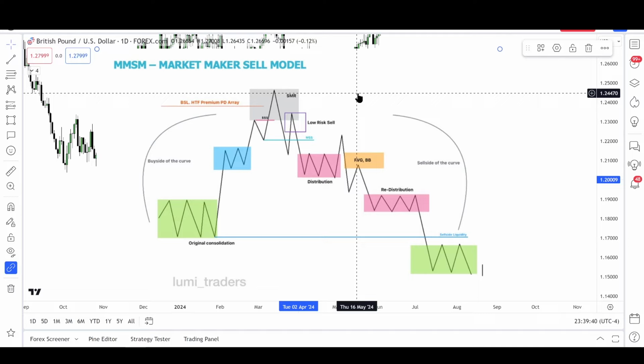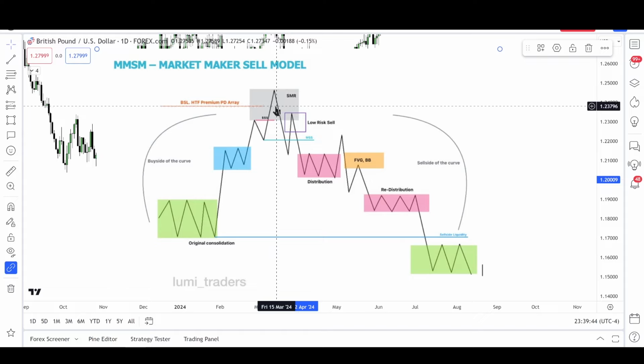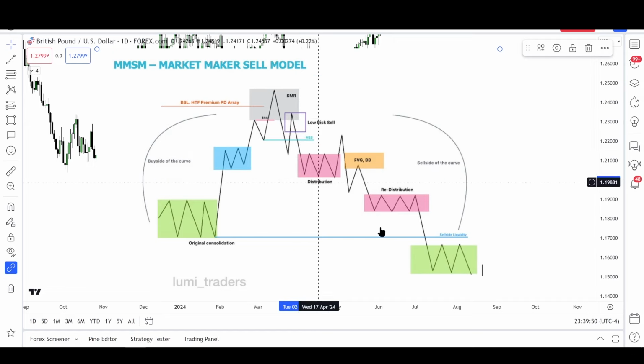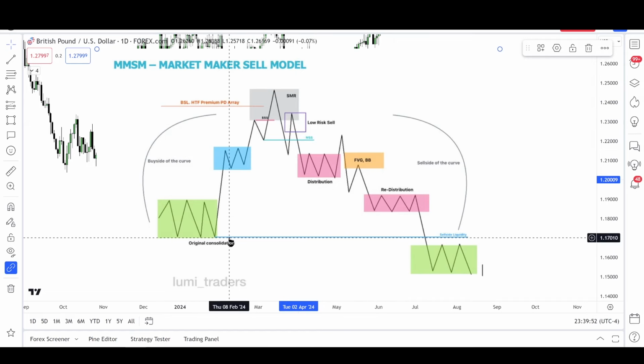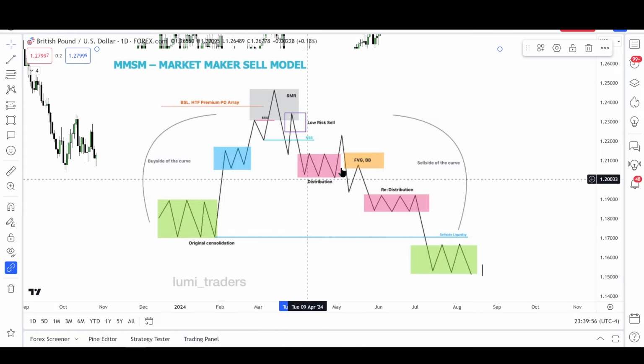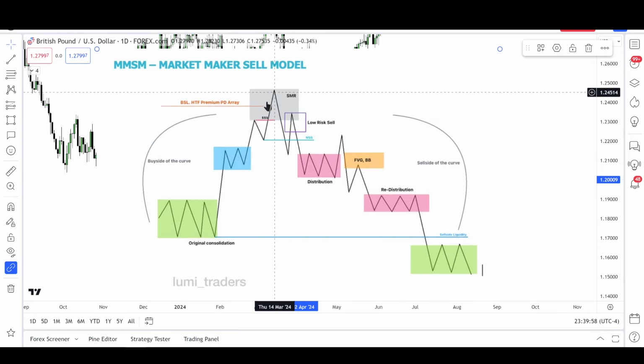So you have to be really confident in your analysis. But that can achieve the highest RR trades because you would have your stop at the top and price will just be able to go down to, let's say you were targeting the low here, the other end of the sell side curve, right? So that's one entry that can be taken.